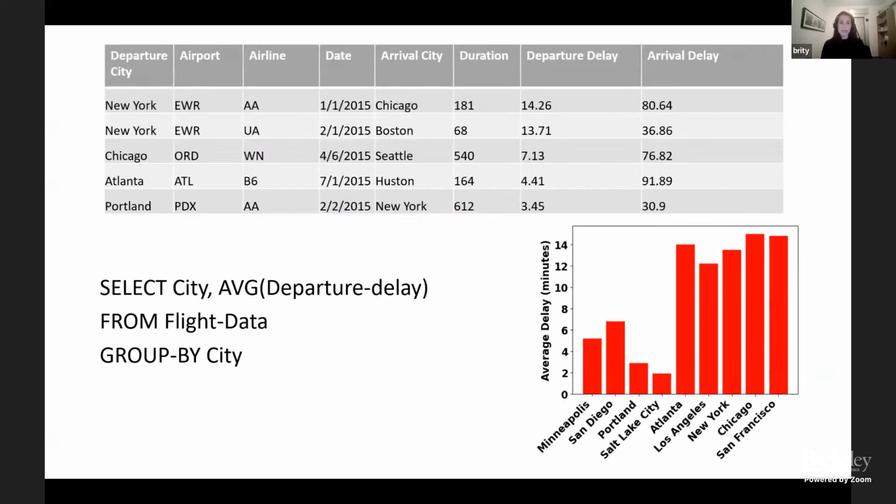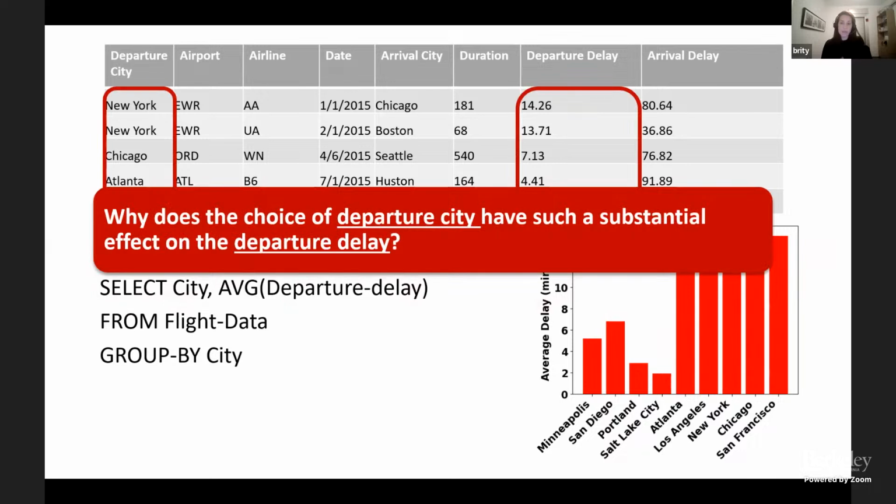So back to SQL, let's consider a flight dataset that we have. Flights operate in the US by large airline carrier, and we see on the left side an aggregate SQL query that simply computes the average departure delay grouped by city. And we can see there is a big difference between cities. And the natural question is, why does the choice of the departure city has such a strong effect on the departure delay?